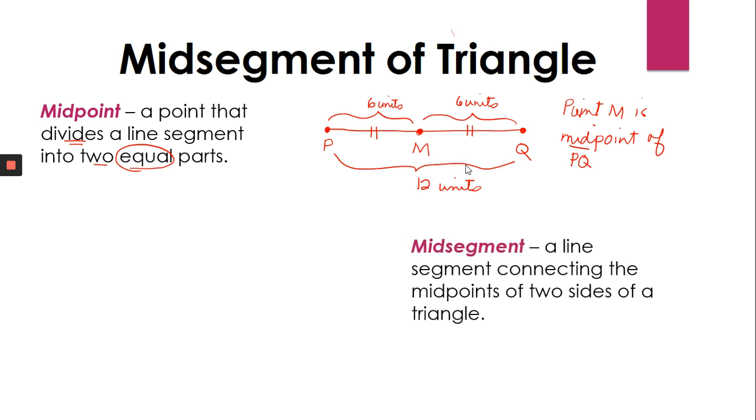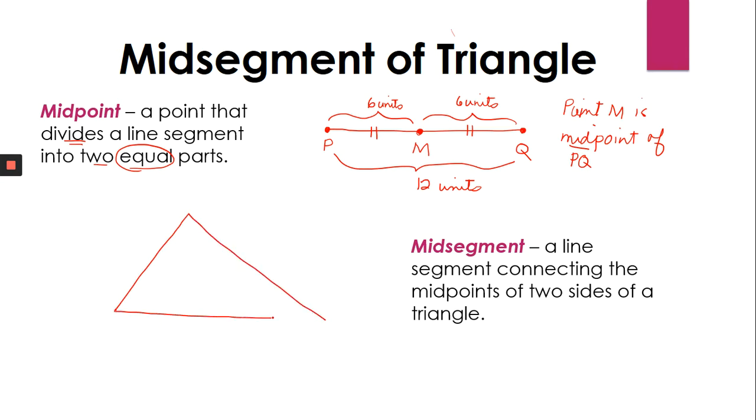Now let's have mid-segment. What is a mid-segment? A mid-segment is a line segment connecting the midpoints of two sides of a triangle. It means that a mid-segment can be found in a triangle.